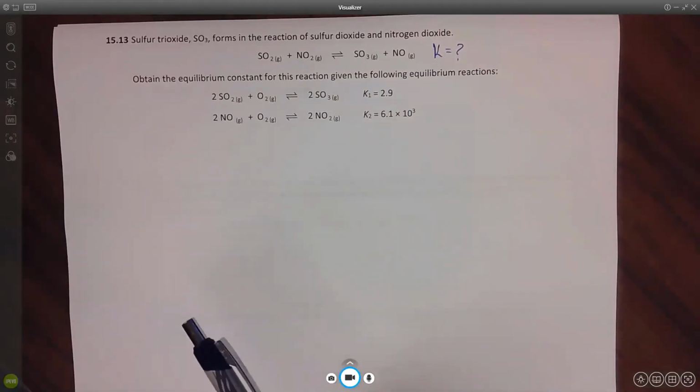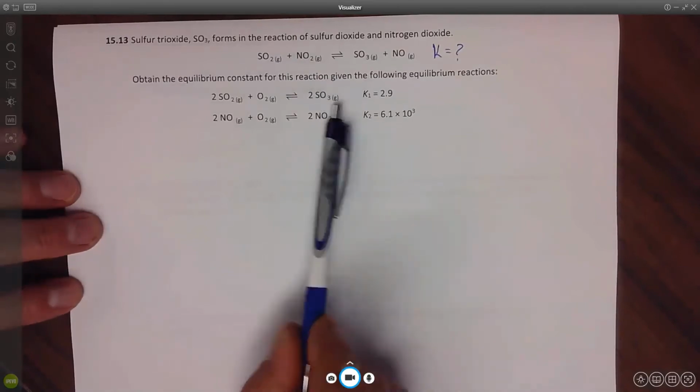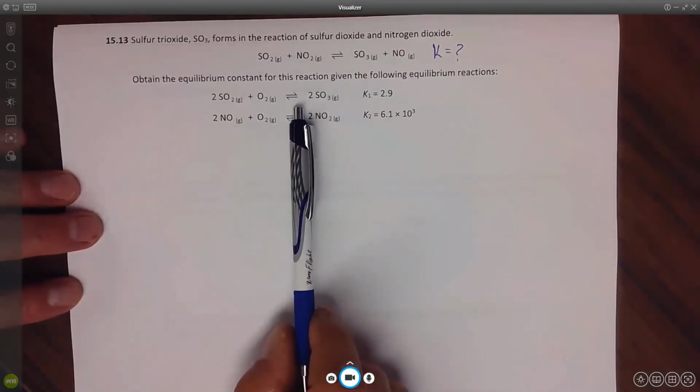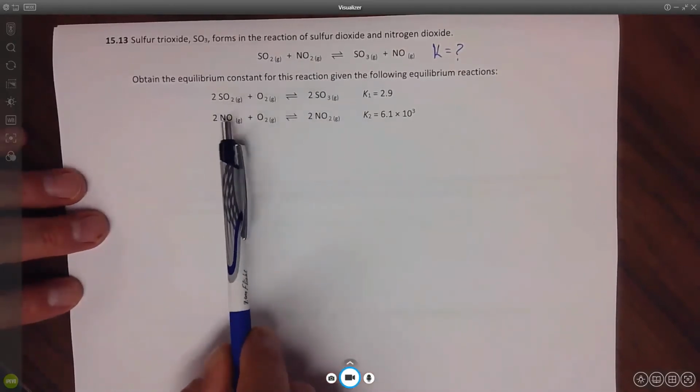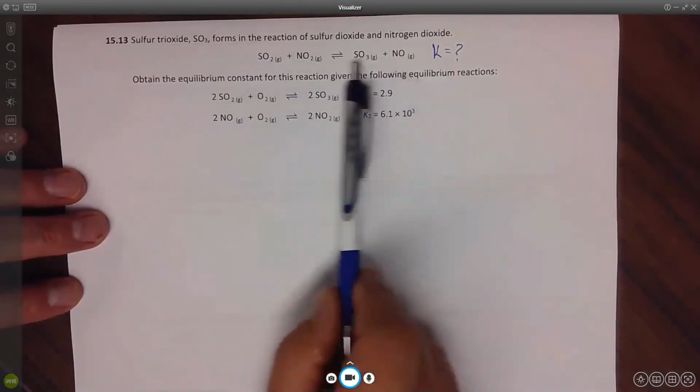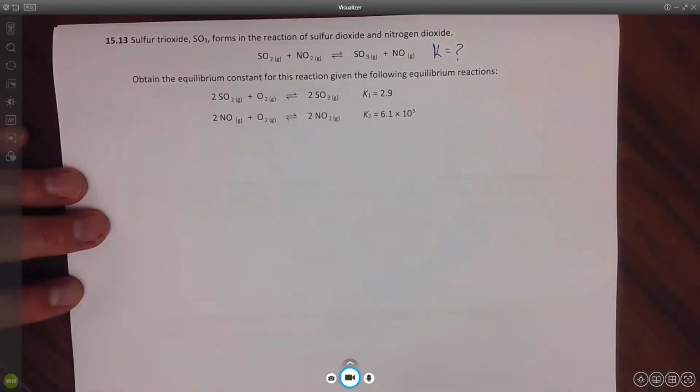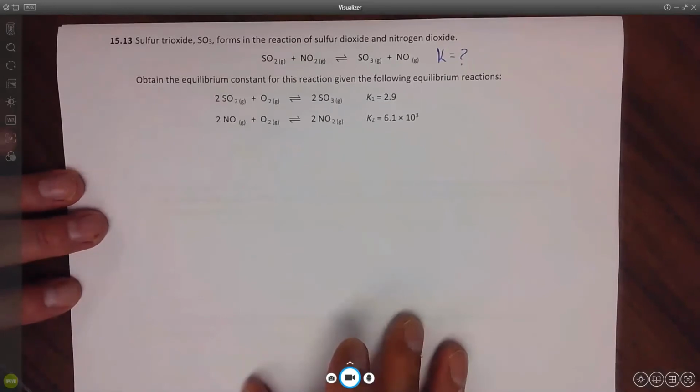What would be your end goal of rearranging these equations? We need to eliminate the O2s because it's not in the original equation. So you're trying to rearrange these and manipulate the coefficients in some way that when you add them together, you get this reaction. Yeah. Absolutely, right? So that is the main goal of what we're doing.